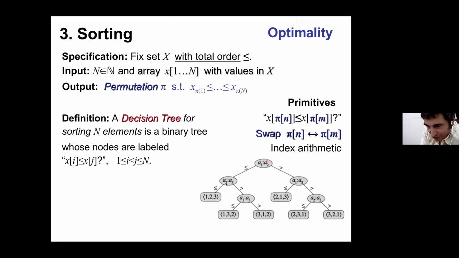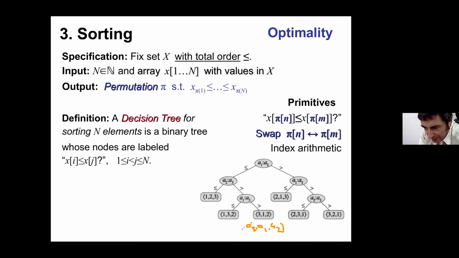This is what is called a decision tree, and at the end, in the leaf of this tree stands a permutation. So this is supposed to be the permutation 3 1 2, in the meaning that I take A3, A1, A2.